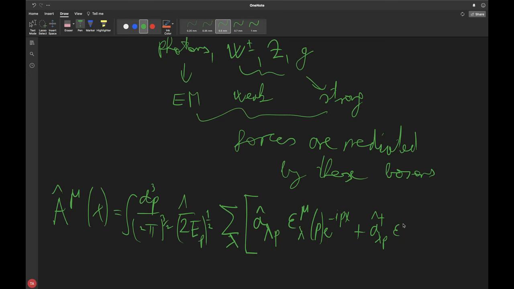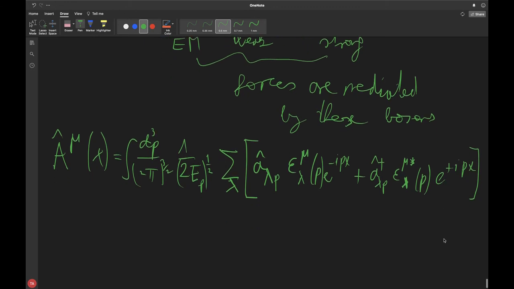And we have the epsilon star, epsilon mu star, which corresponds to each lambda. And we have this as a parameter of p, and now we have the exponential with the plus ipx. So that's the equation describing the bosons. So epsilon lambda mu p was the polarization vector.